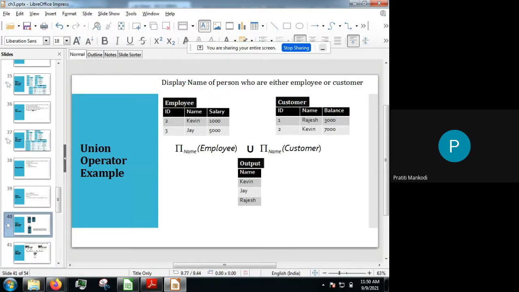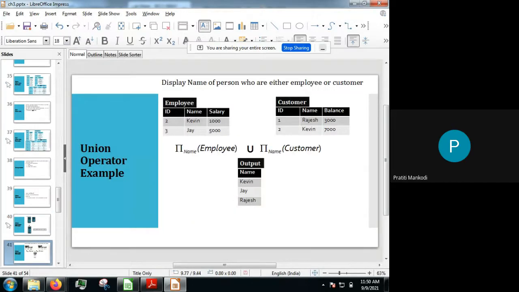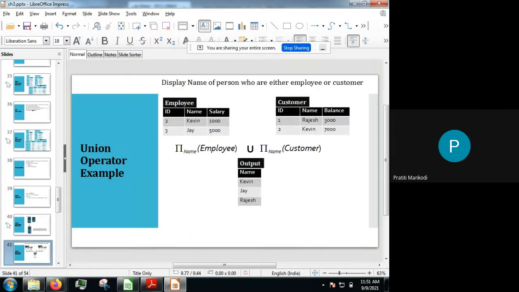So theoretically this is the concept, but practically this is the scenario. Can you give me the difference between theory and practical here? This is theoretical, where you are merging two things. Practically, your union, intersection and set difference should be applied logically.